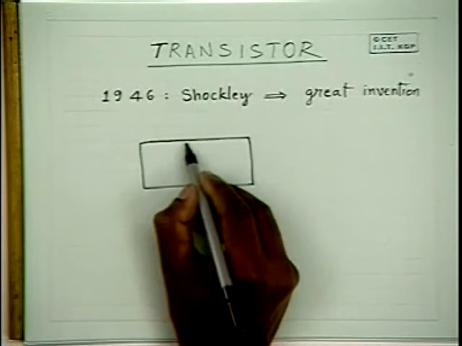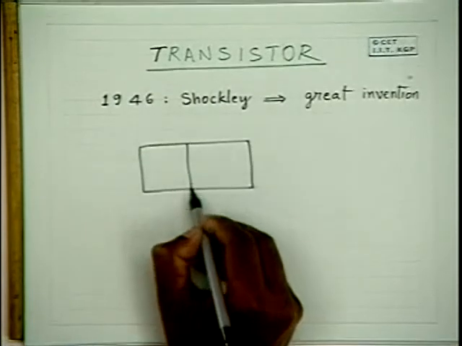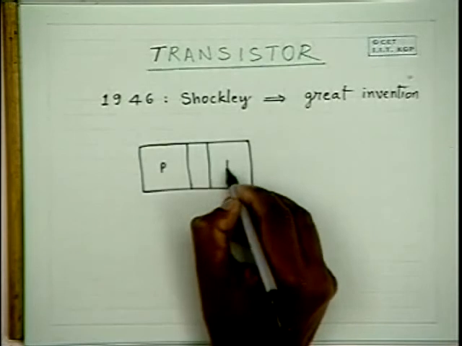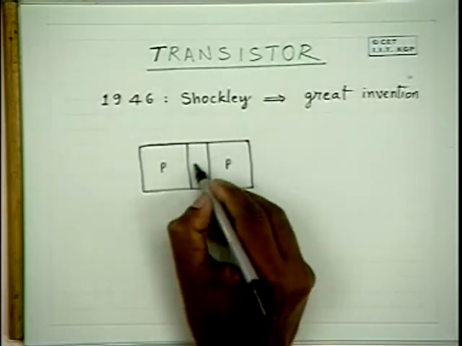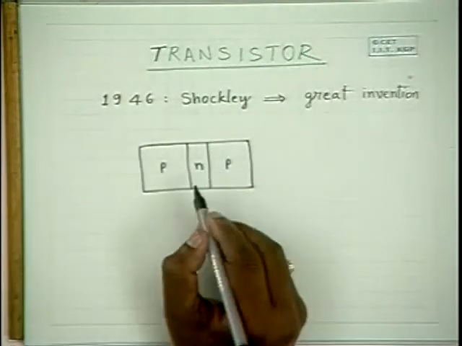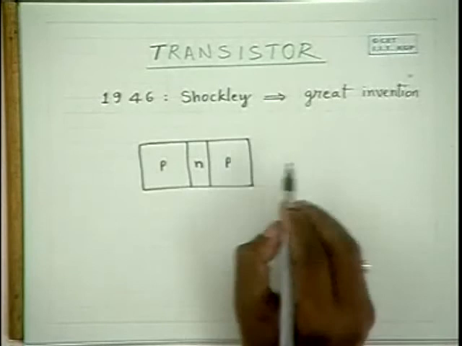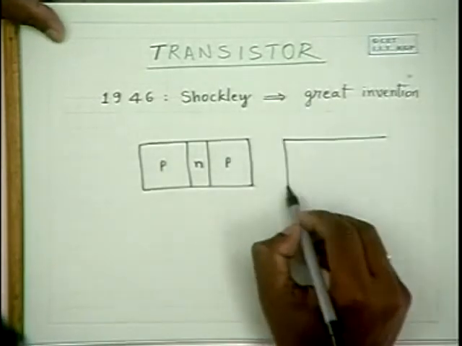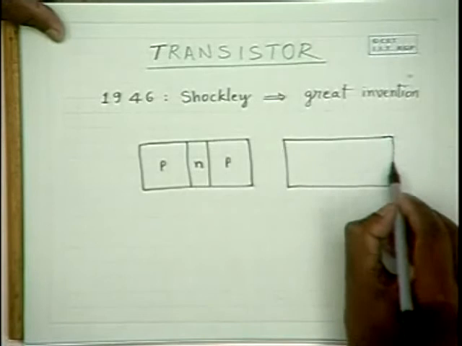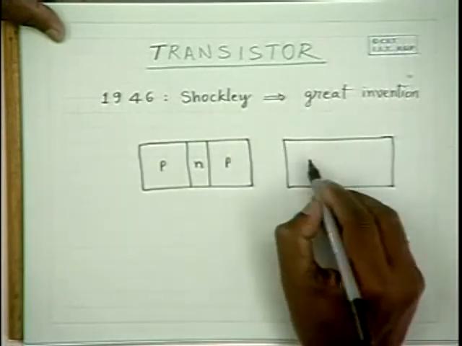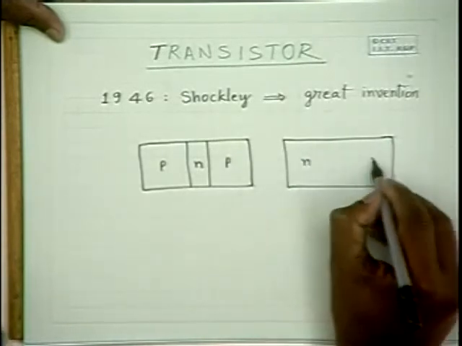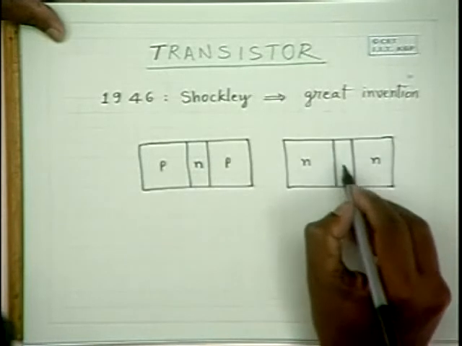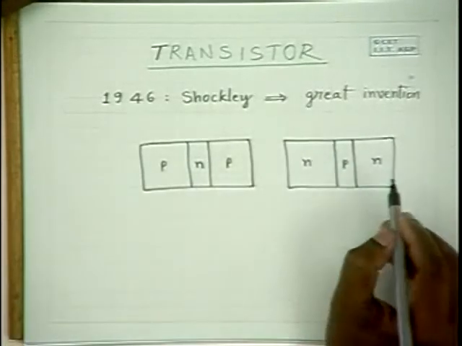It can be made out of 2 p-type semiconducting materials with an n-type material sandwiched in between, or 2 n-type materials sandwiching a p-type material between them.